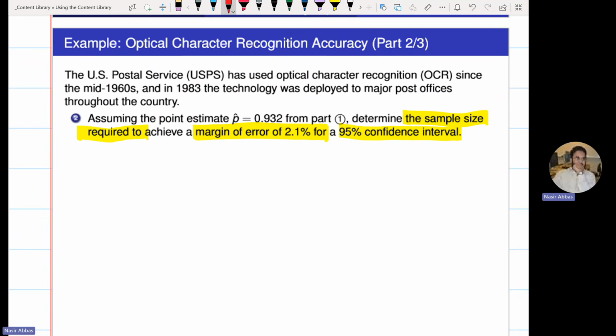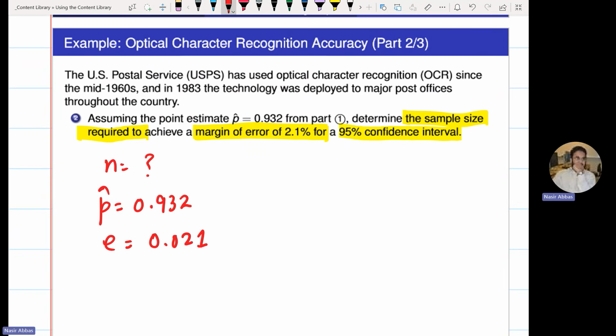Now I will summarize the whole information. The first thing which is given to you is you need to determine N. Then it is given to you that P hat is 0.932. Then it is given to you that E is 2.1%.